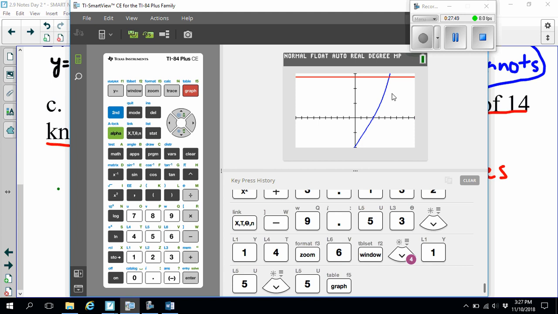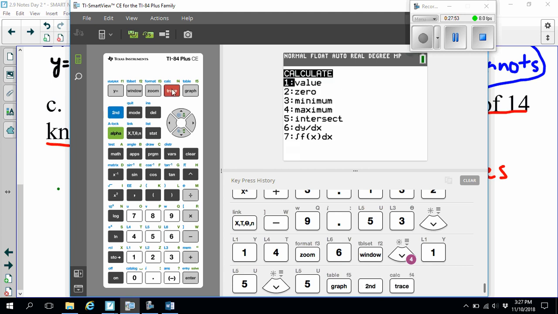Now I'm going to press second trace, and go to number 5, intersect. If you move the 14 over, then you're going to do completely different keystrokes. If you subtracted the 14 over and only did a y1, then you would go to number 2 to find your zero, or the x-intercept.